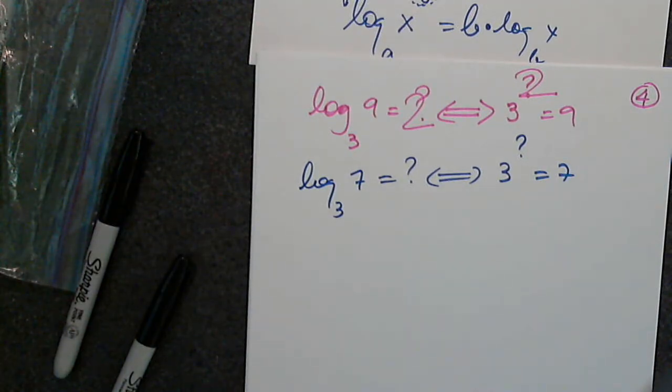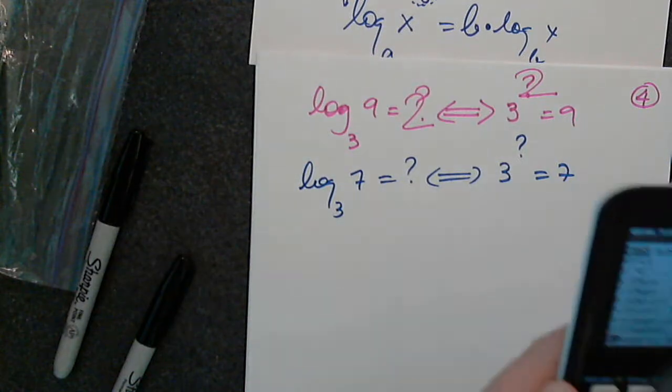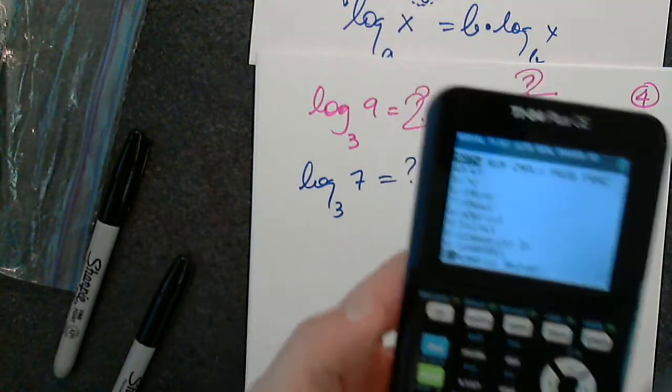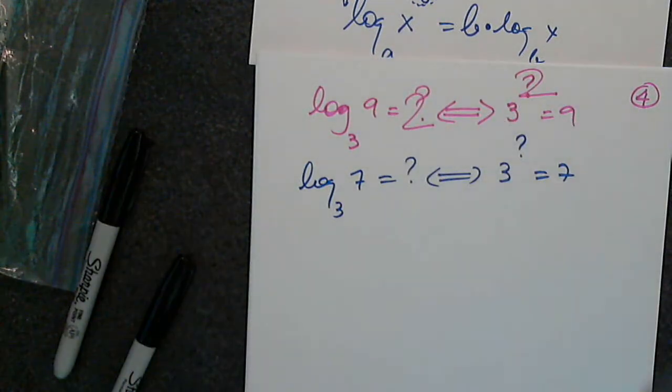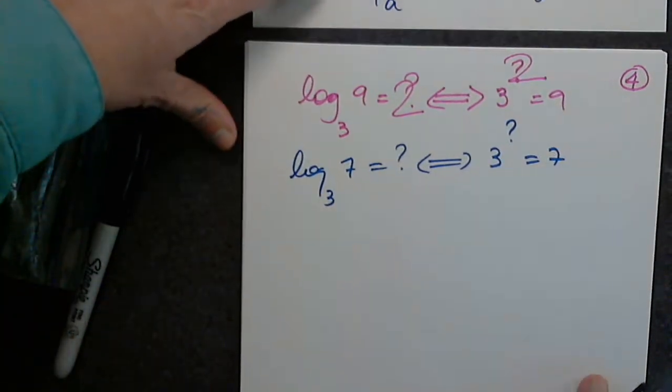I don't even know if this one has it. I've never checked. Is that the 84? Yeah, it does. It has it. I've never used it. I don't need it, because the change of base formula is very simple.